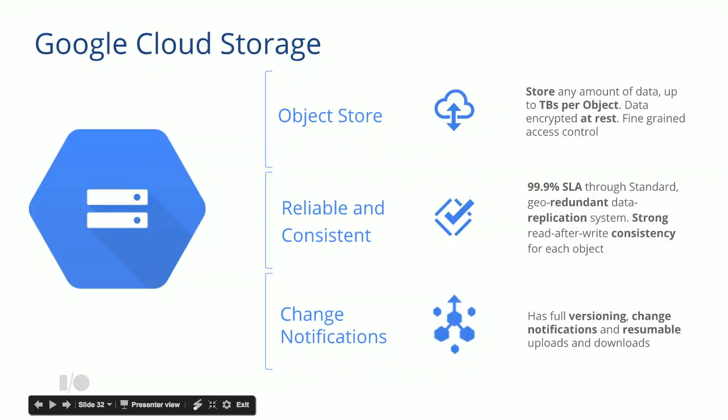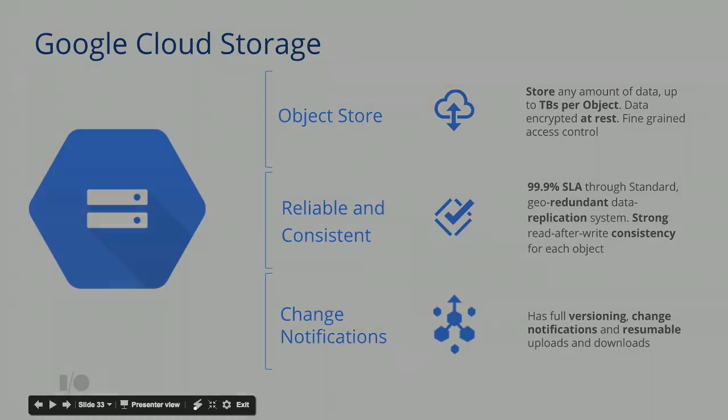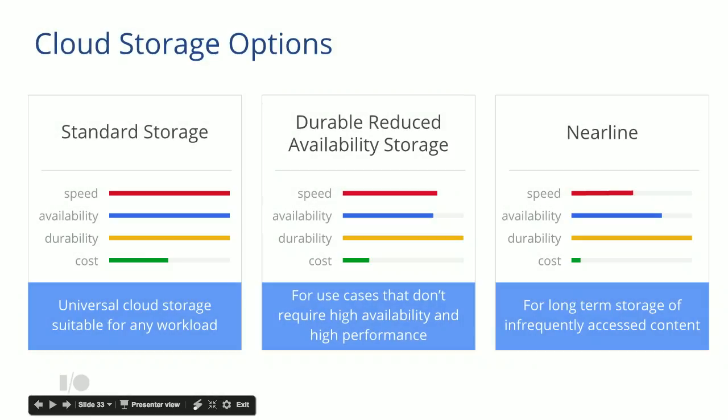And it's also replicated across many regions, which means that if for any reason a Google data center disappeared into the void, you would still not lose data, because your data is actually replicated in many data centers. And then it actually has the change notifications that we wanted. We're going to be able to get notifications every single time something happens in our storage. So the 3 flavors that I mentioned before are Standard.